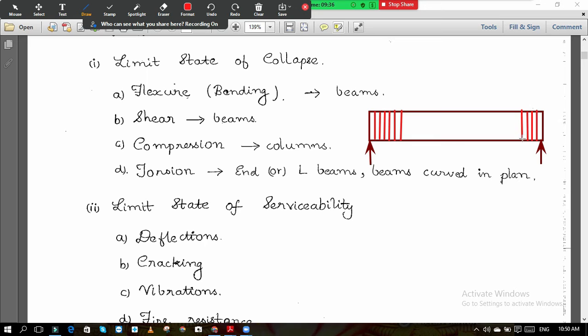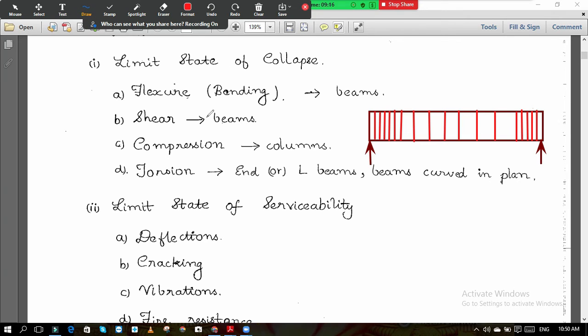As we move towards the center, the shear force is less, so we can increase the spacing between the stirrups. Here you can see the spacing between the stirrups is increased.